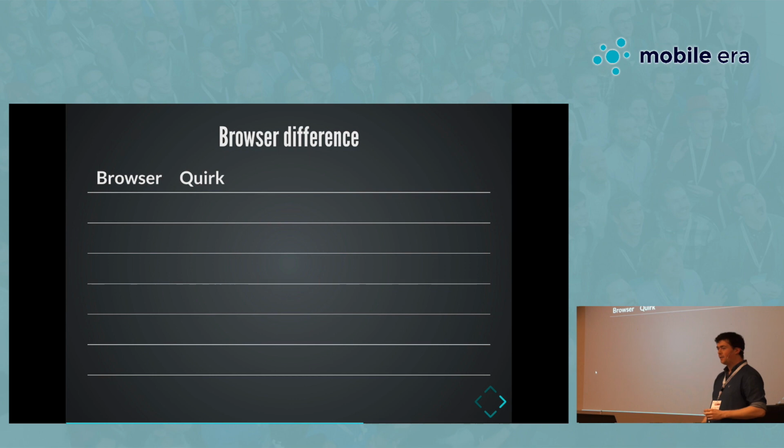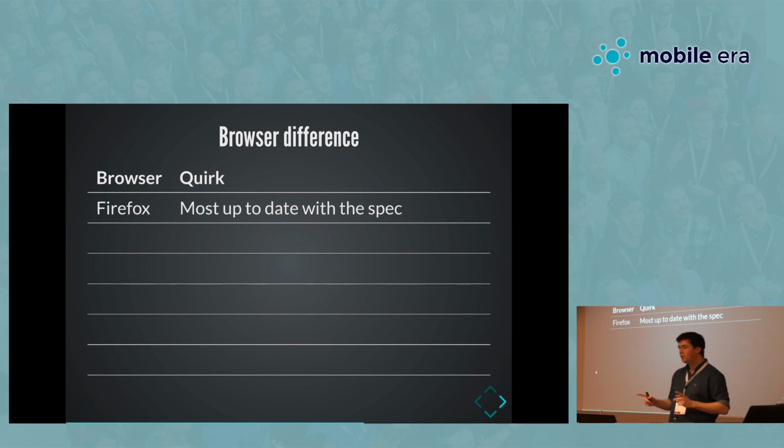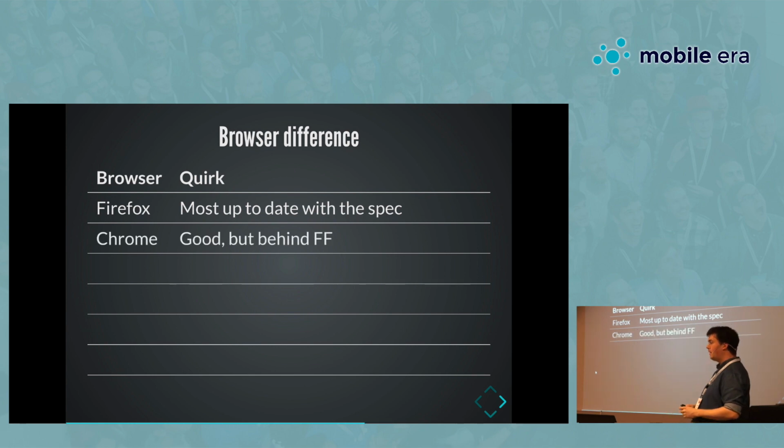So, maybe we should talk about the browser differences for a moment. What's special about each browser when it comes to WebRTC? Like Firefox, that is the most up-to-date browser, which means if you're developing a WebRTC application, use Firefox. And that also means that Chrome is lagging behind. Chrome was the original pusher for WebRTC, but now they switched it around, so Firefox is in the lead. But when I'm saying behind, it's just slightly behind.